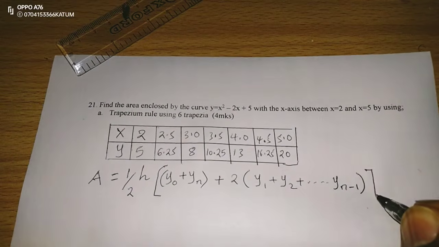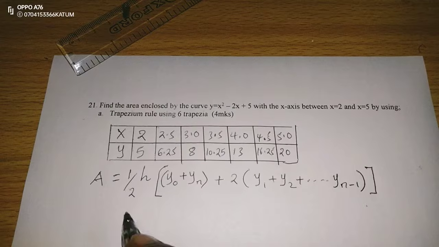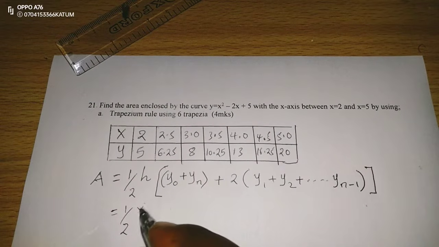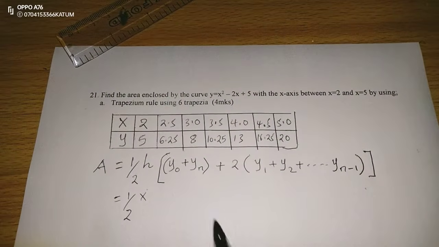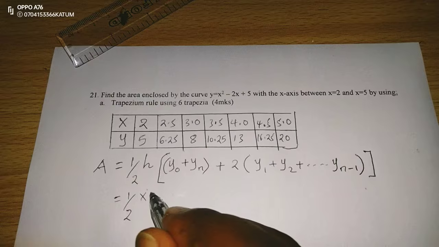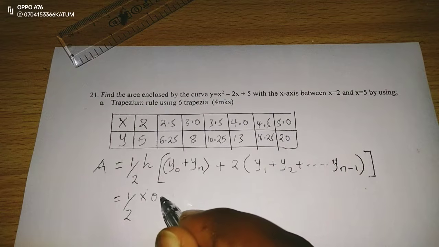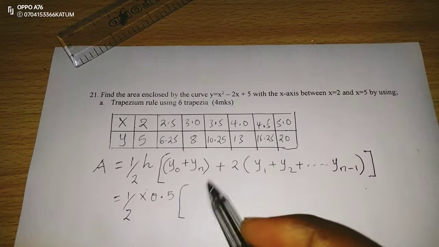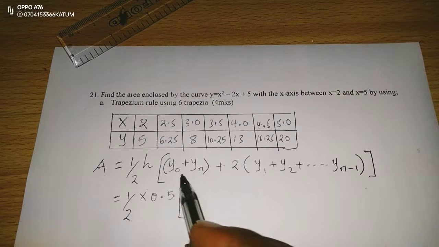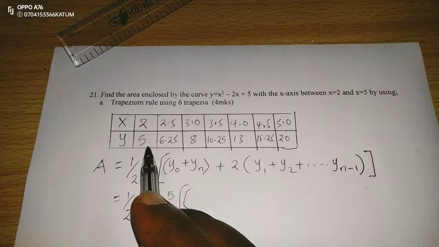Then we close the brackets. So I'm going to have half multiplied by h, where h is the interval from one trapezia to the next, and the interval we are using is 0.5.